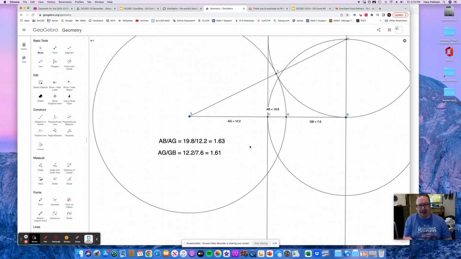All right. And so you can see our numbers here 1.63 and 1.61. They're pretty close together. So if we were getting more exact on this and going on more decimal places, we'd probably get a more accurate description, and we'd be good to go from there.